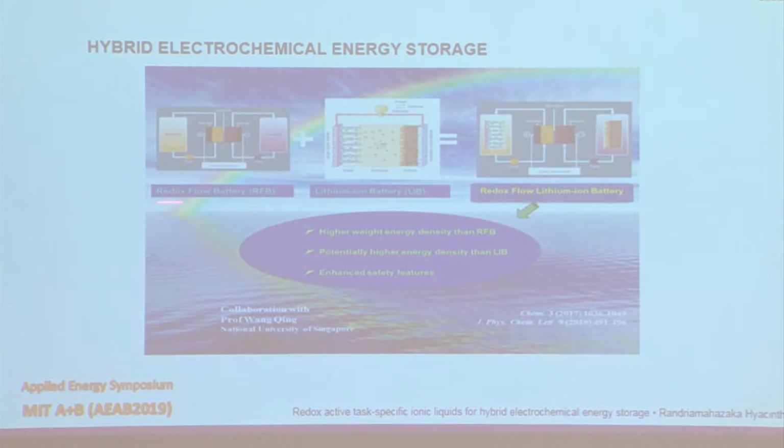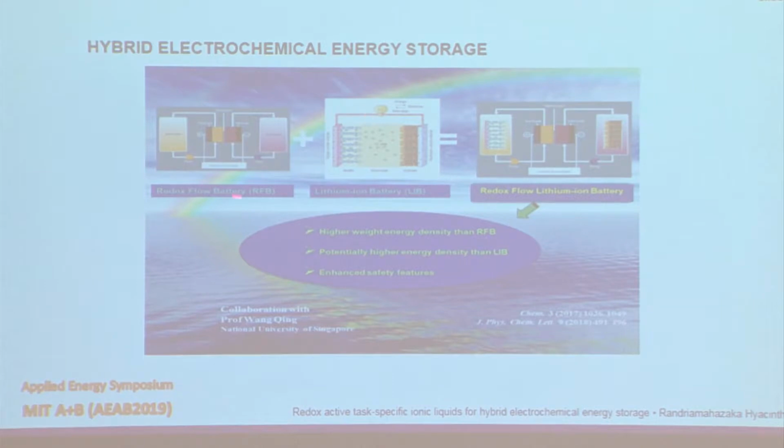So, in fact, the solubility of the electroactive system that can store energy in the tank is limited. So the idea is that we try to replace this electroactive compound by some well-known materials that can be used in lithium-ion battery.